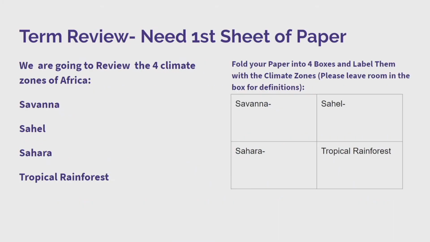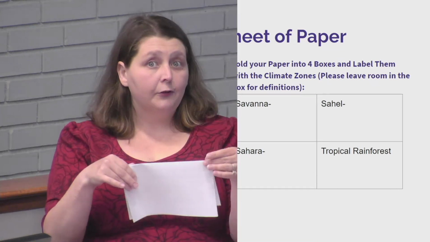All right, so the first thing we're going to do is review vocabulary, because vocabulary is the key to us understanding things in social studies. So I would like you to take a piece of paper and fold it hamburger style, and then do hamburger one more time. When you open it back up, you are going to have 4 boxes.